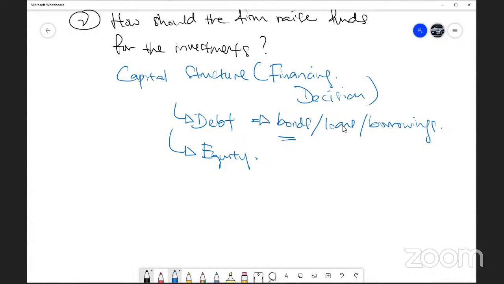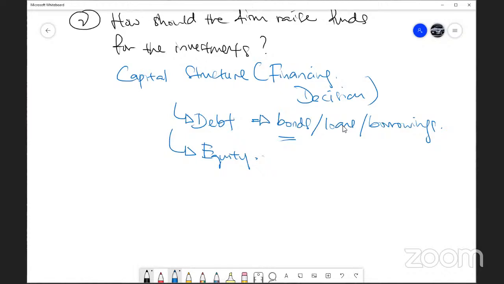So when a company or a firm issues bonds, it means they are borrowing from the public. So borrowing from the market or from the public means bonds. Loans means you're borrowing from banks. You're taking a loan means you're borrowing from the bank. And of course, the last one is borrowings, borrowing from friends, family, and whatsoever. Your loan shark and so forth.